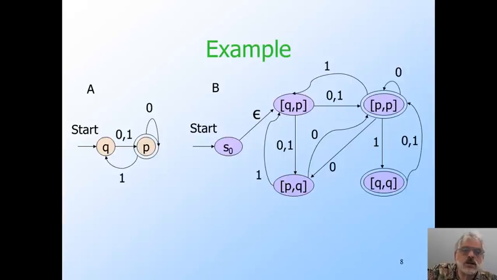From the initial state S0 of B, there is only one epsilon transition since A has only one accepting state P. This epsilon transition goes to the state QP because Q is the start state of A and P is an accepting state. Notice that because A has only one accepting state, we could have dropped state S0 and simply made QP be the start state of B.